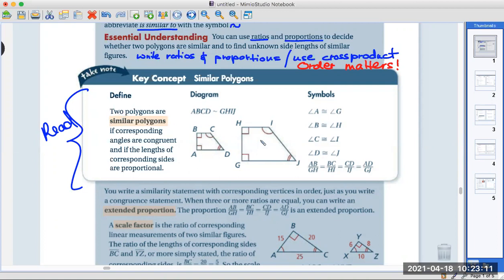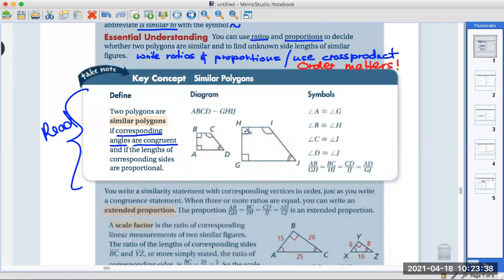Two polygons, these are the polygons, are similar if corresponding angles are congruent. In other words, the angles are the same. You have to have each angle matching in size. That's the first thing. Remember, the word corresponding means the angles are in the same location on each shape.